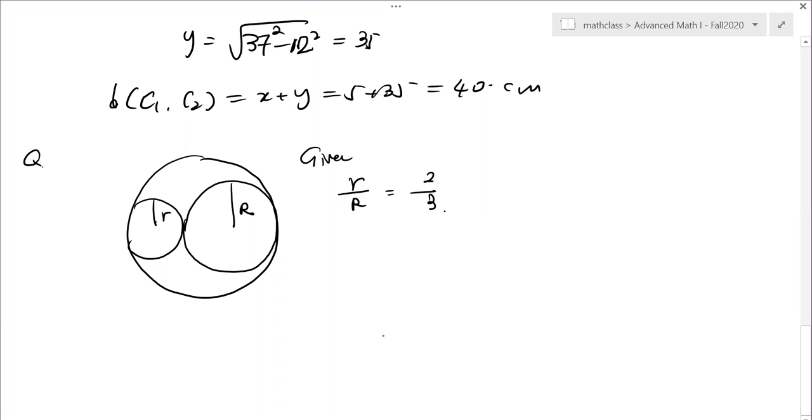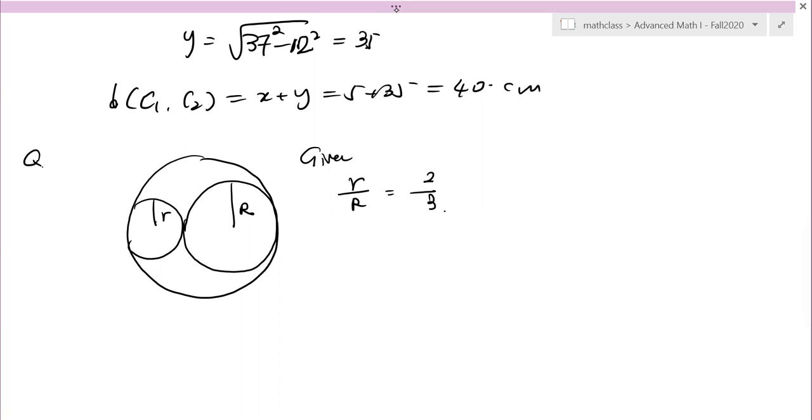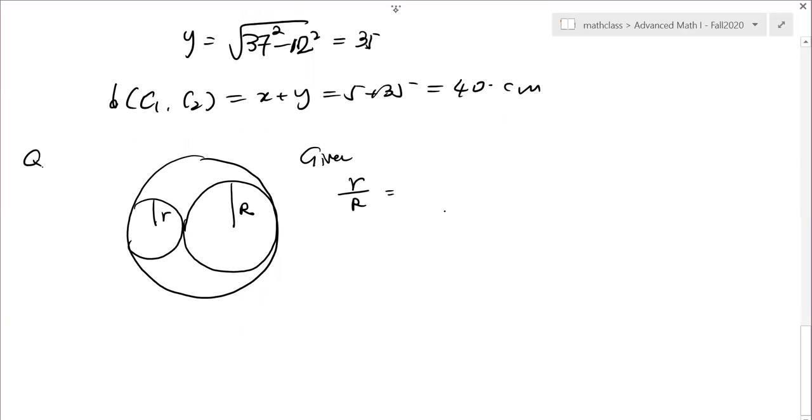Now I'm going to change the problem a little bit. So the ratio here is called lambda. So if lambda is less than 1, then you can shrink one circle and enlarge the other circle, or they are equal.